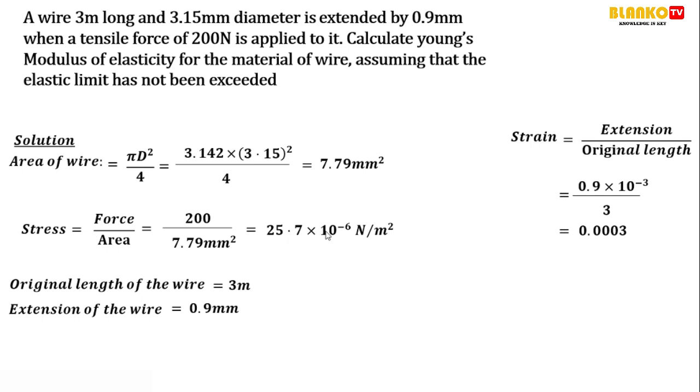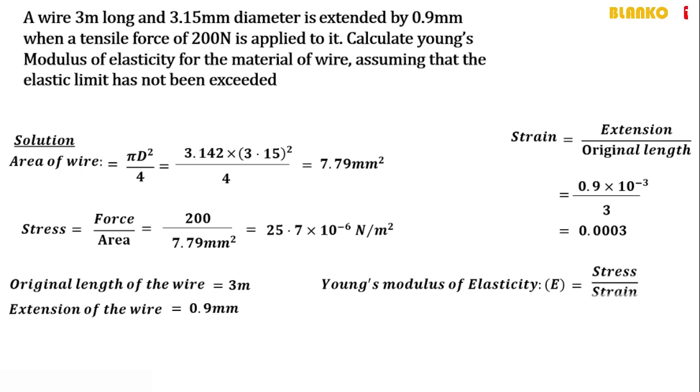So now we have calculated the stress, which is 25.7 times 10 raised to the power negative 6 Newton per meter square. And we now have the strain to be 0.0003. So we can calculate the Young's modulus of elasticity now. Young's modulus of elasticity E is equal to the stress over the strain.